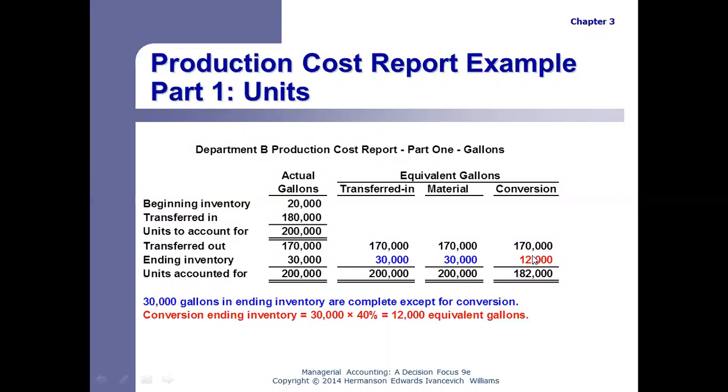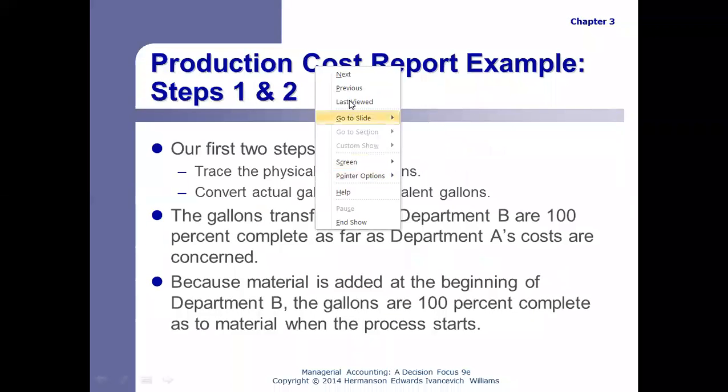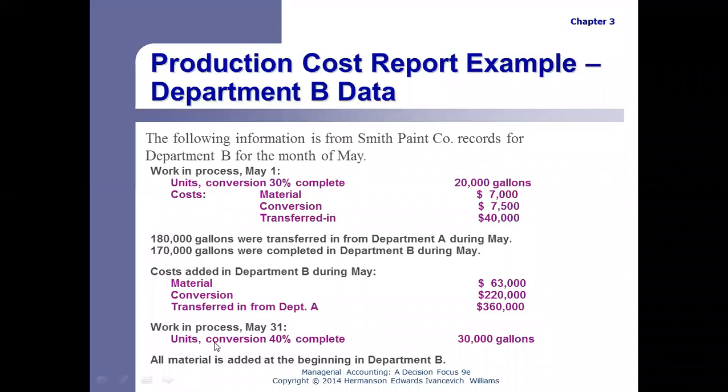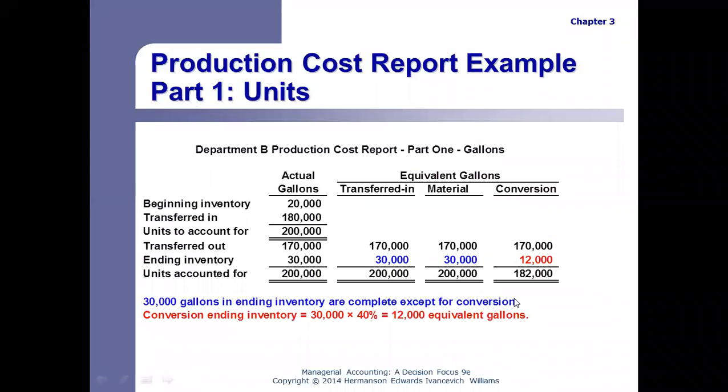Conversion cost, though, the example says they're 40% complete as to conversion cost. So 40% complete, that means 40% of the 30,000 physical units is 12,000 gallons. So that's the equivalent number of units of conversion costs. So again, 12,000 gallons is equivalent to 30,000 gallons that are 40% complete.